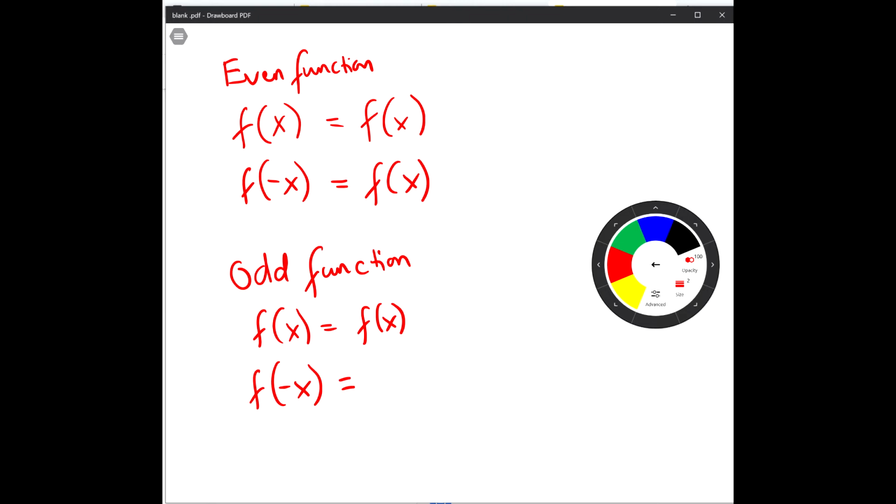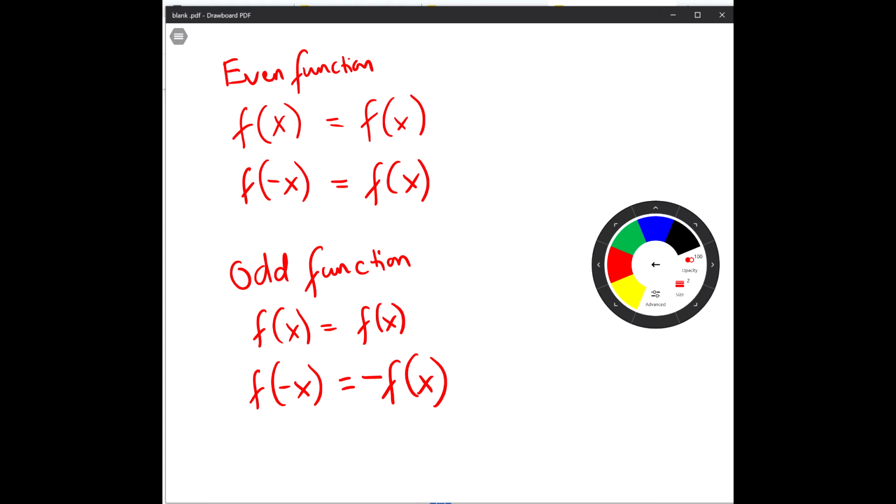Okay, and then we will get negative f of x. For the output, yes, it will be negative f of x, or the opposite.